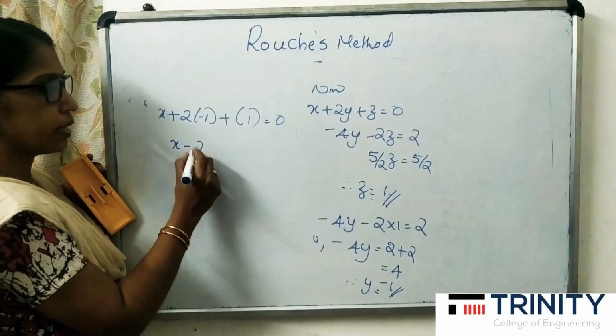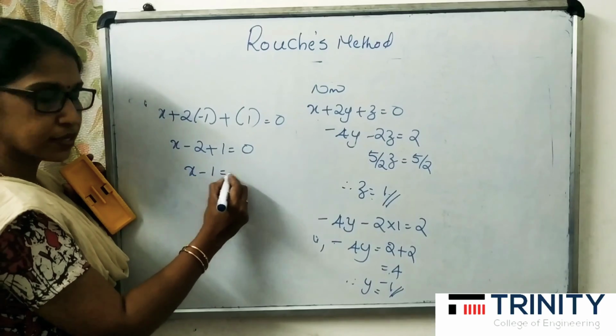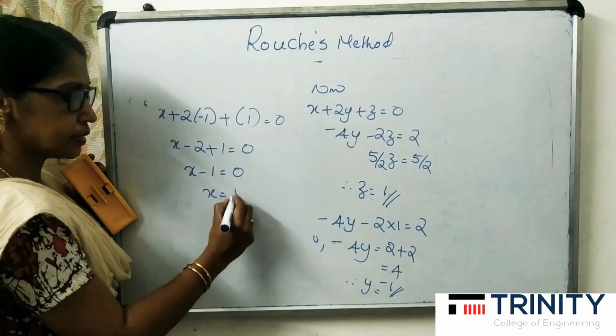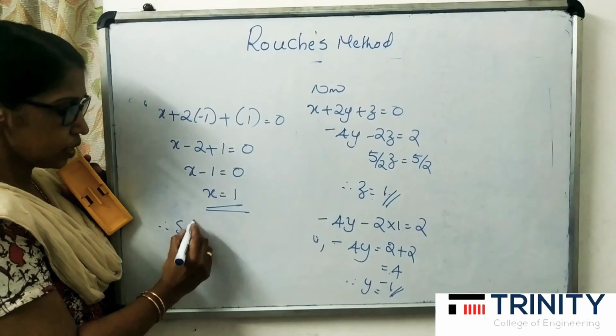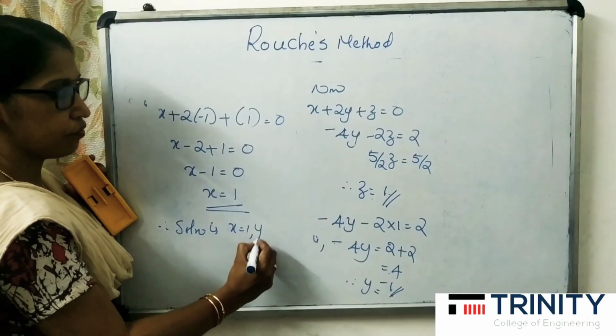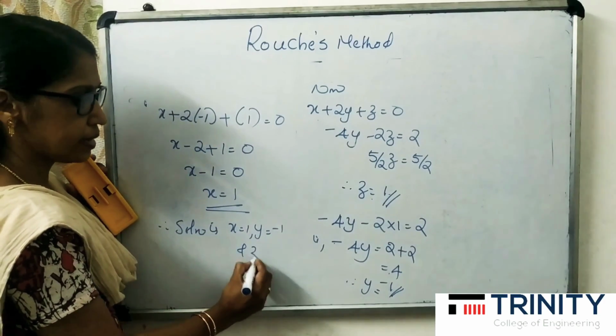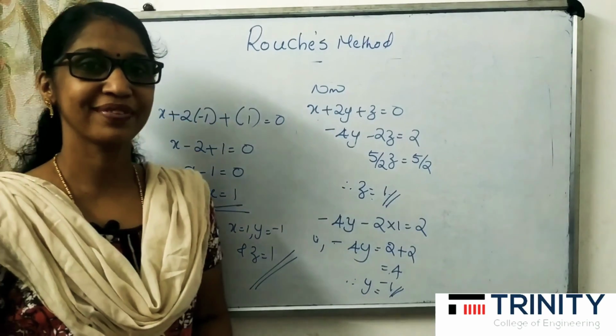That is x minus 2 plus 1 is equal to 0. That is x minus 1 is equal to 0. Therefore, x is equal to 1. So, we will get x equal to 1. Therefore, what is the solution? Solution of the given system is x is equal to 1, y is equal to minus 1 and z is equal to 1. Okay. Thank you.